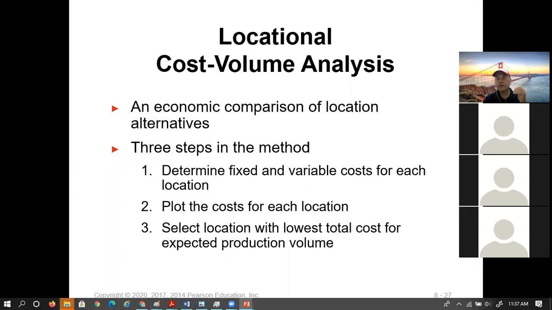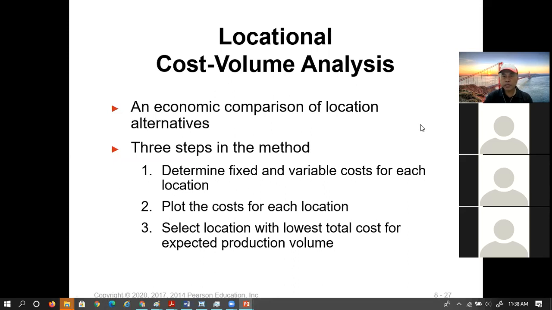So we should decide what the volume is, because the volume will determine the operational cost and fixed cost, the total cost. Why? Because different locations will offer different fixed and operational costs.